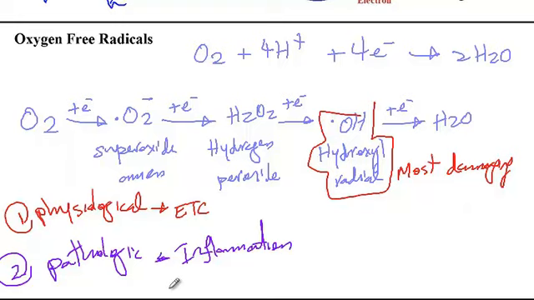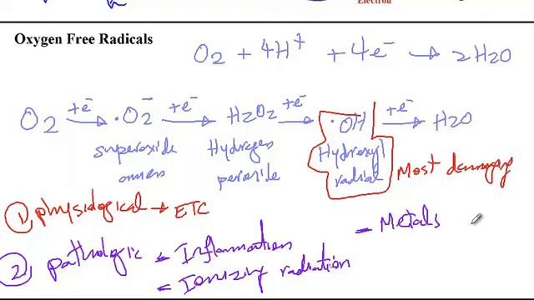There is also ionizing radiation that can lead to formation of oxygen radicals. We can have heavy metals, like for instance copper and iron, that act as Fenton catalysts and lead to formation of free radicals.